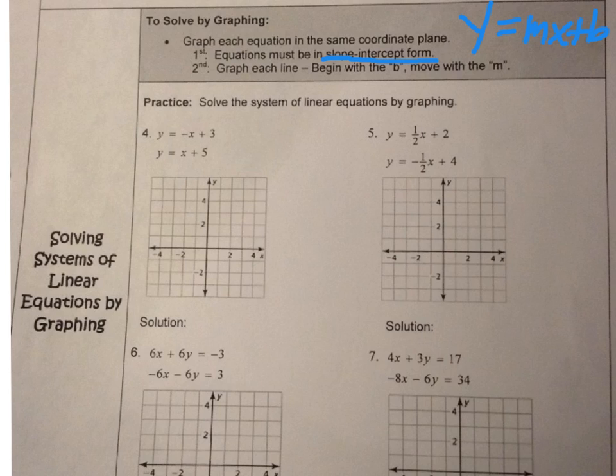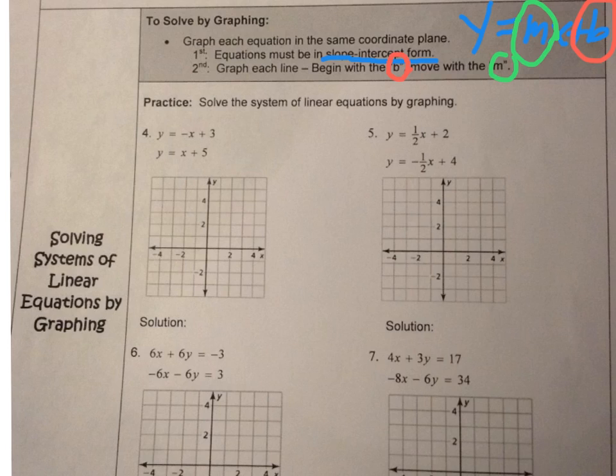We begin with the b, so we start with the y-intercept, and then we move with the m, which is the slope, the rise over the run. So begin with b and then move with m.